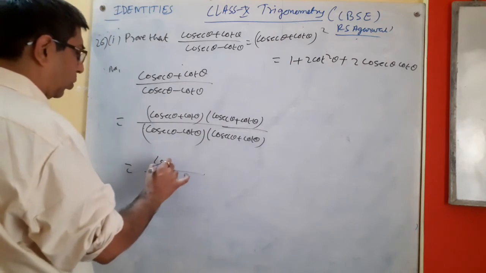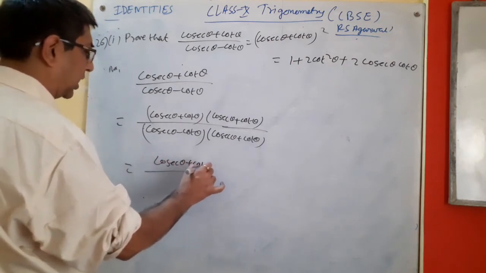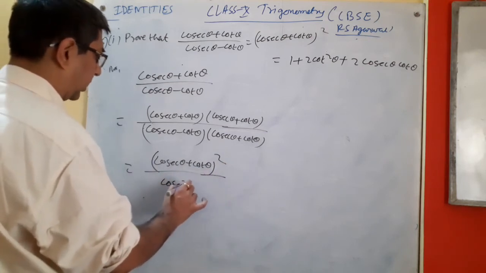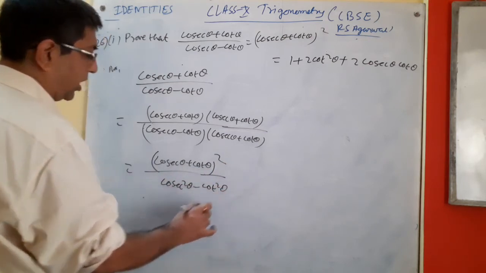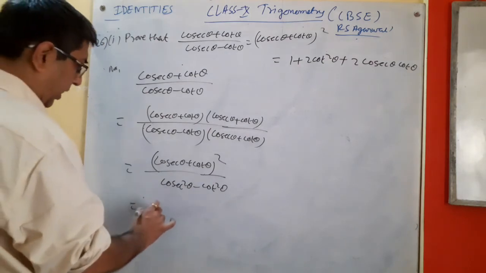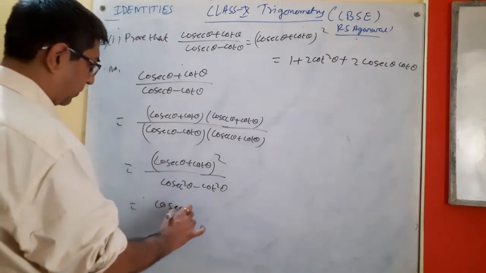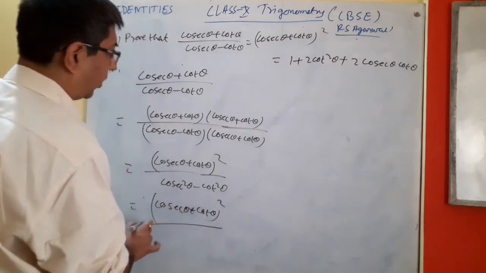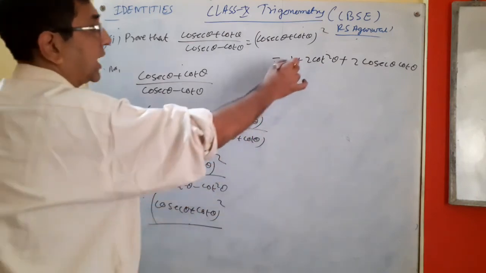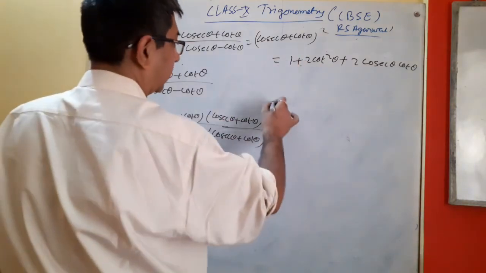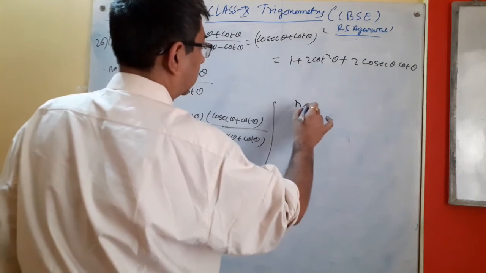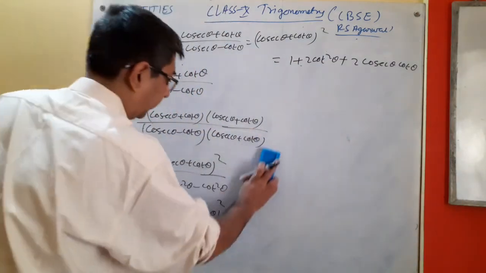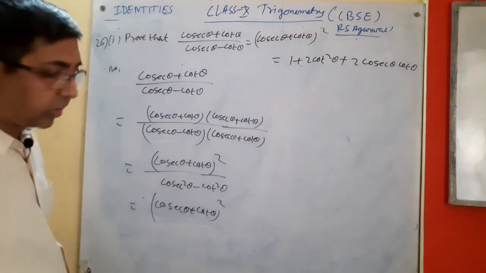This is (cosec theta plus cot theta) whole square, and this is cosec square theta minus cot square theta. We know this is 1. So we are getting (cosec theta plus cot theta) whole square, right? This is one answer. Now from this we can come to this one also. Okay, this part is finished. Now go for the second part.